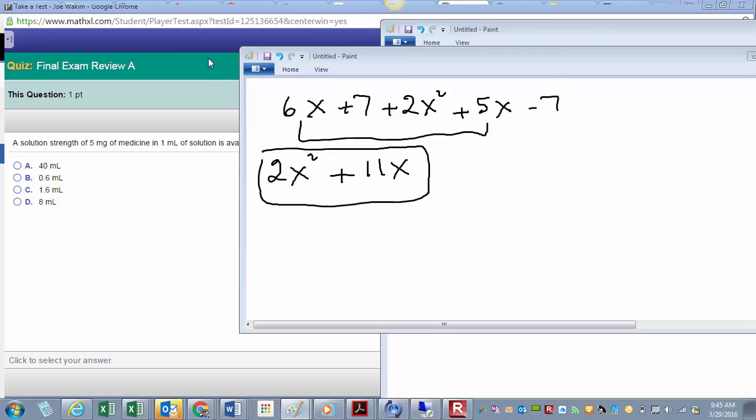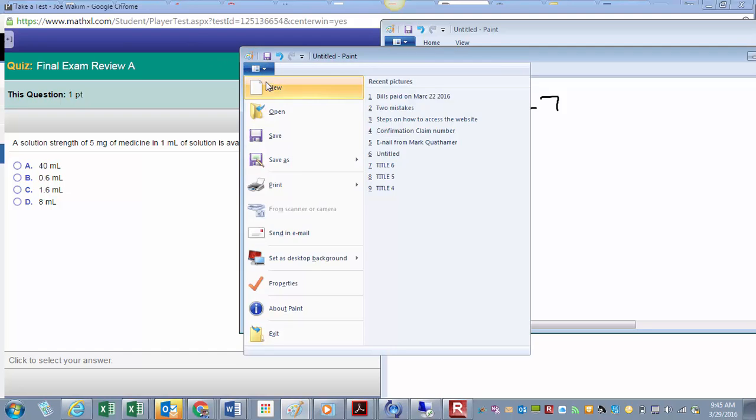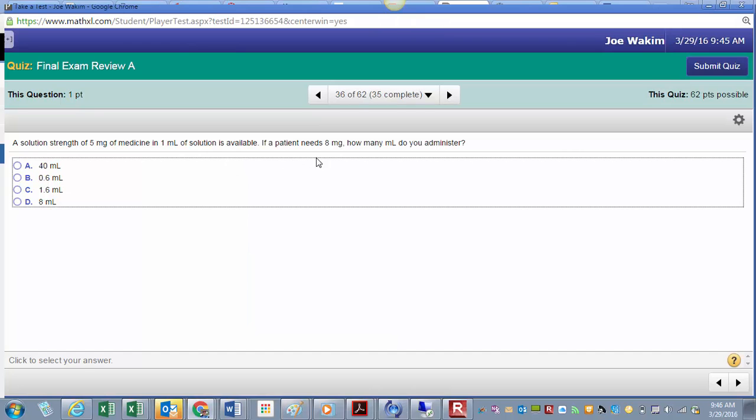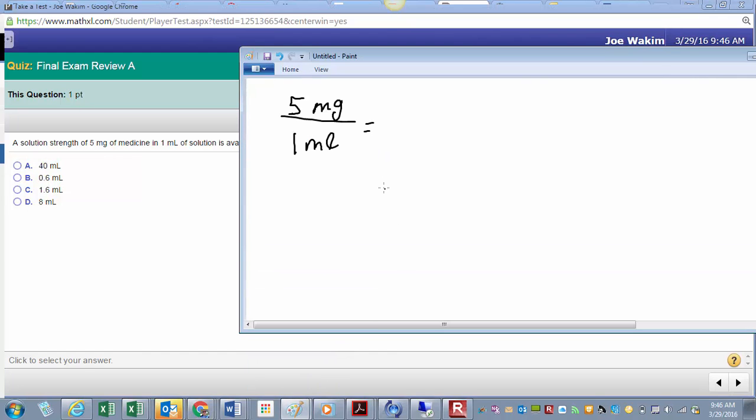So we have 5 milligrams over 1 milliliter equals 8 milligram over x milliliters. Okay, so we have to be consistent. Milligram, milliliter, milligram, milliliters. We can cross multiply.